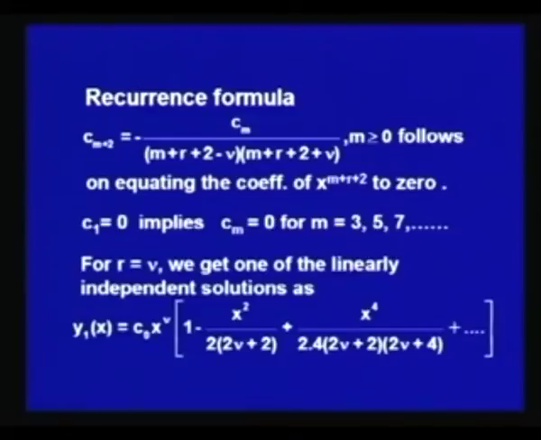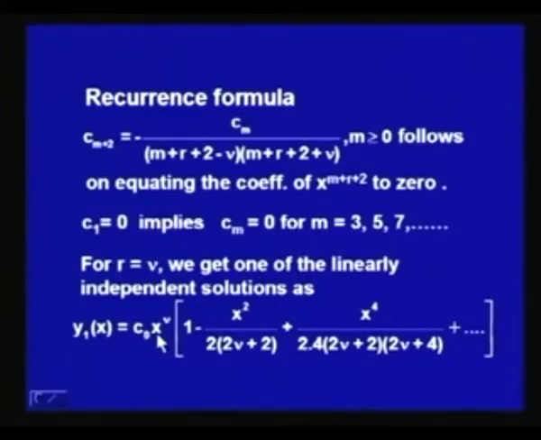Now, from this recurrence relation it follows that when C1 is 0, C3 is 0 and C3 is 0 implies C5 is 0. So, C1 equal to 0 implies that Cm is equal to 0 for m equal to 3, 5, 7 and so on.